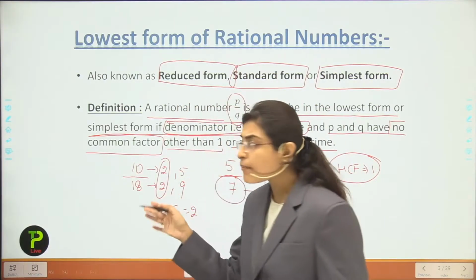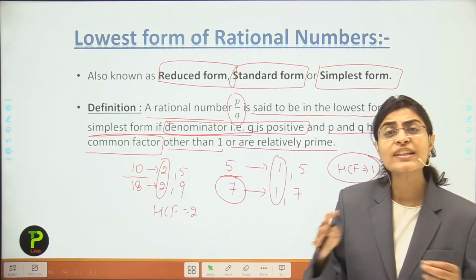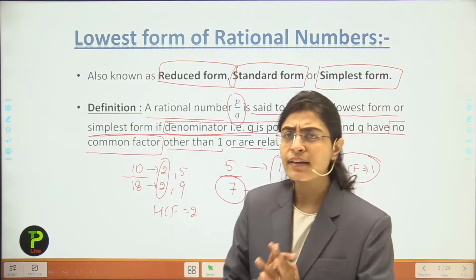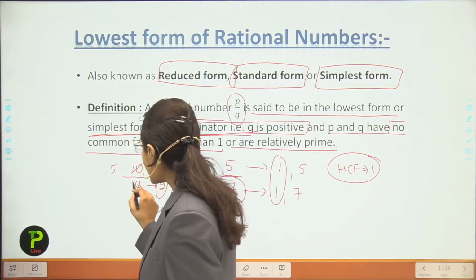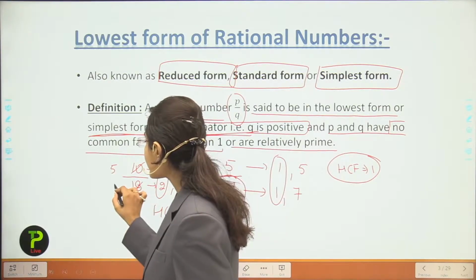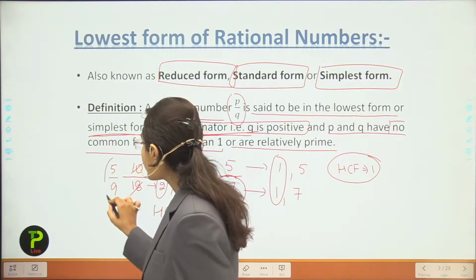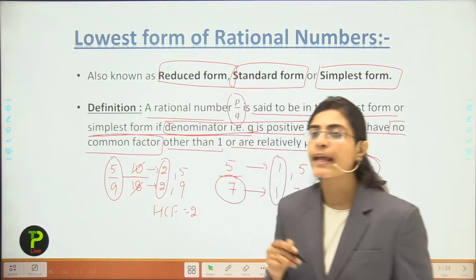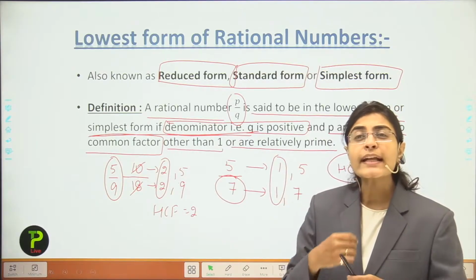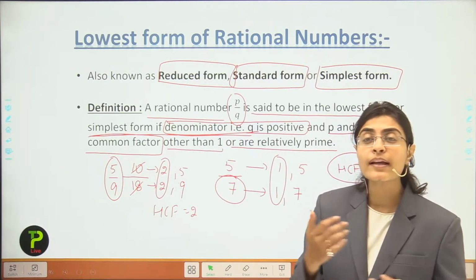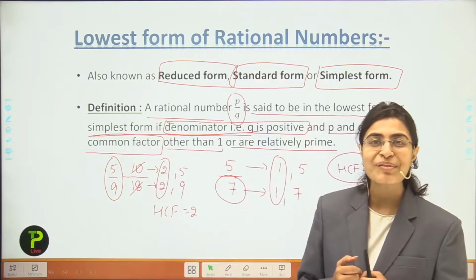That is, they can be cut. They come in a table of 2, so we can cut it. Cut 10 by 2 and I'll get 5, and cut 18 by 2 as well, I'll get 9. So here I got 5 by 9 and this is the standard form of 10 by 18, because 5 and 9 can't be further cut. They don't come in a common table other than 1.